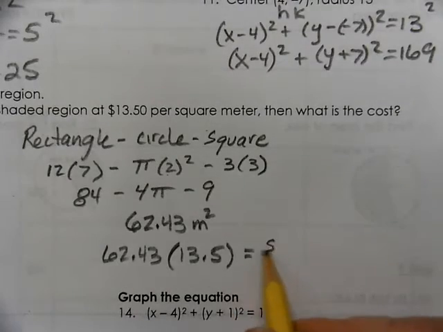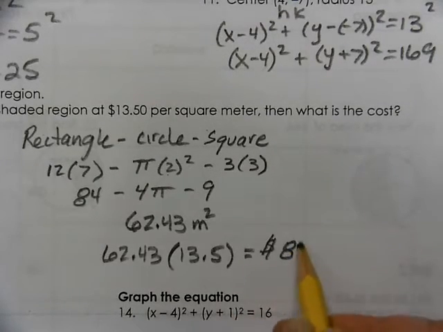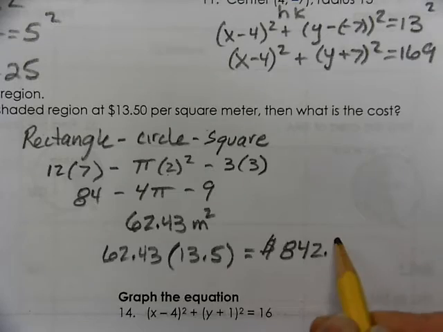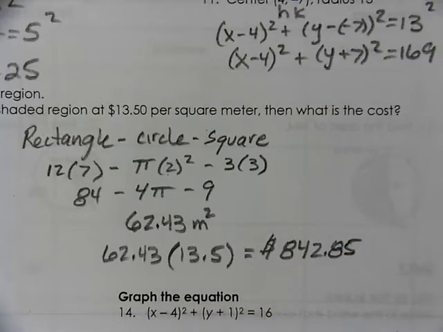And that's going to give us 842.85. That would be the cost that it would take to put the tiles in the shaded region.